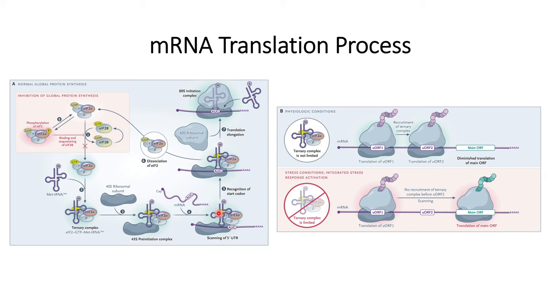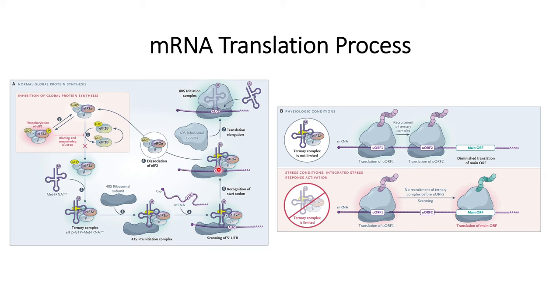And when it finds the AUG, it will hydrolyze this GTP, that is shown in yellow color, to GDP, and as soon as it hydrolyzes, EIF2 alpha is released from this structure.